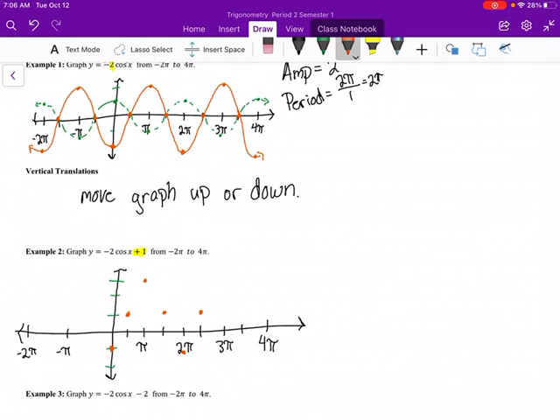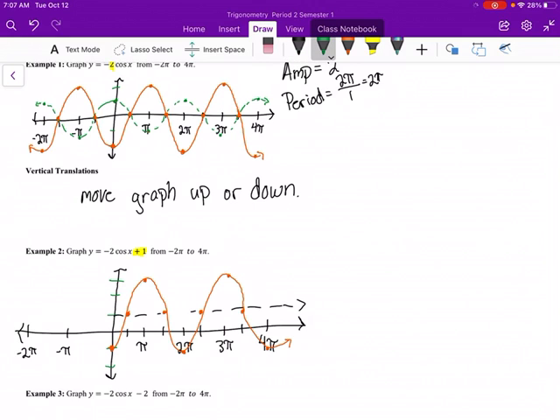And if we look at this graph, once we get it drawn, we're not going to be changing the value of the amplitude or the period. That is still going to be the same. The only thing we did is we shifted it up 1 value. You'll notice the amplitude goes from the center of the graph, and our center of the graph is going through this line here.